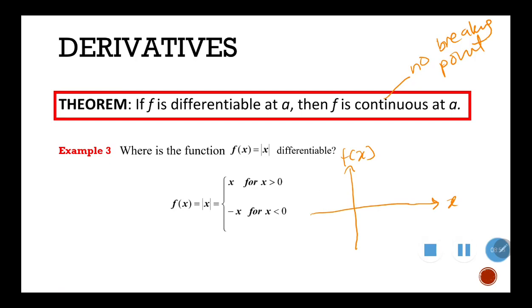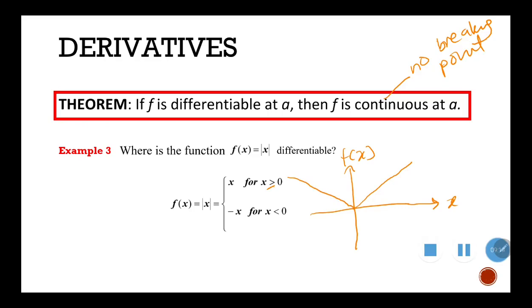So for x equal or larger than 0, the value is x, and for x less than 0, the value is minus x.